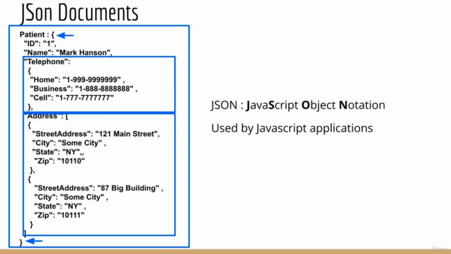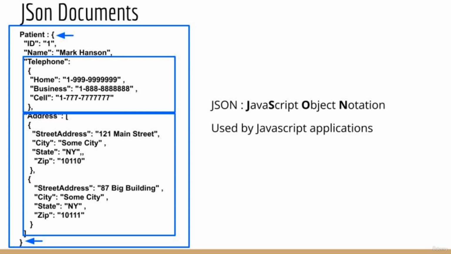A JSON document is enclosed in curly brackets. Each field has a name or a label, followed by a colon, and then the value of the field. Fields can contain simple values or subdocuments, each starting and ending with curly brackets, of course, and fields can also have multiple values, held as arrays and surrounded with square brackets.